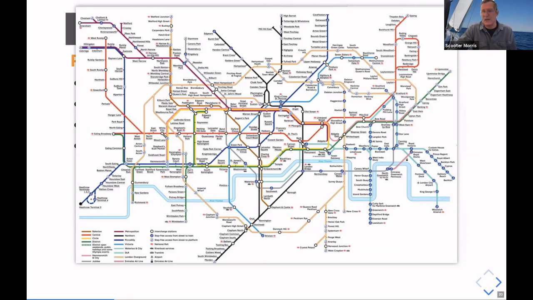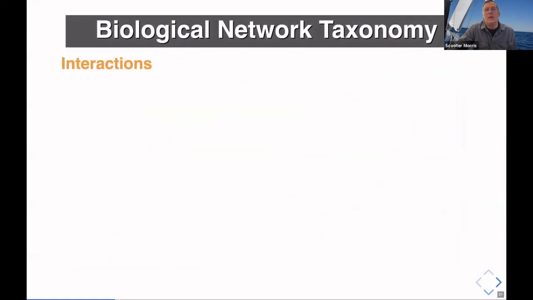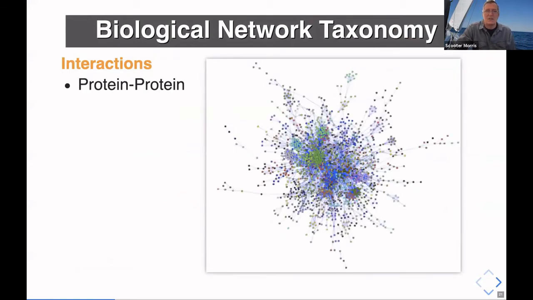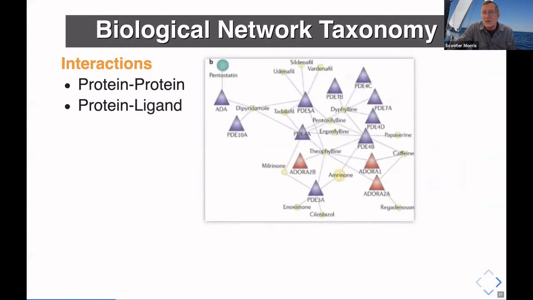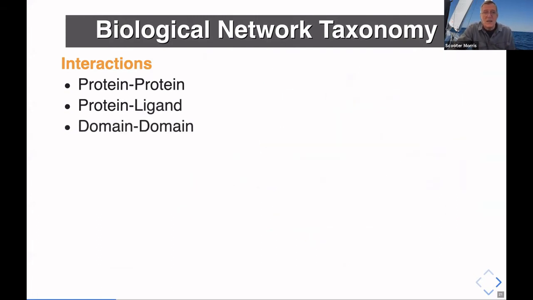But that's not the only kind of network that we have. Interaction networks are the well-known protein-protein interactions. Here is a canonical yeast hairball, which used to be what people published. We don't publish these anymore because they're somewhat content-free. But you can also have protein-ligand interactions. You can have domain-domain interactions.